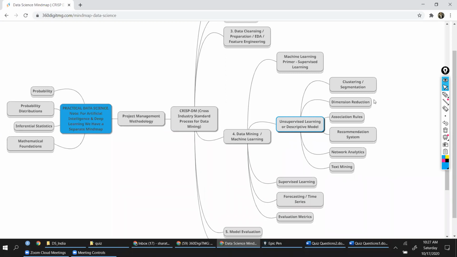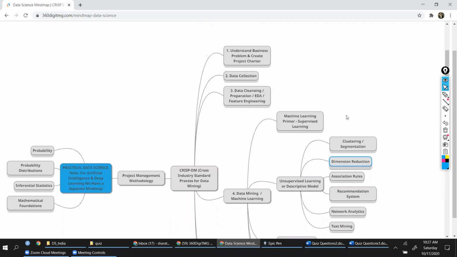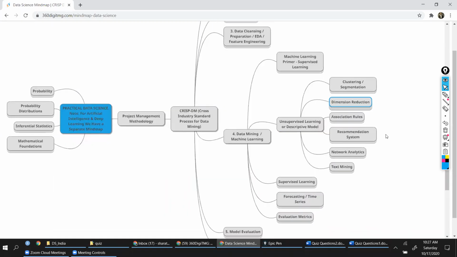So we have clustering, we have dimension reduction, or it is also known as factor analysis or feature analysis. You have association rules, or it is also known as market basket analysis or relationship mining. We have recommendation system or collaborative filtering. We can also call it as personalized strategies. Then we have network analytics.